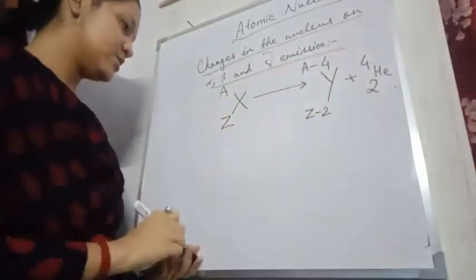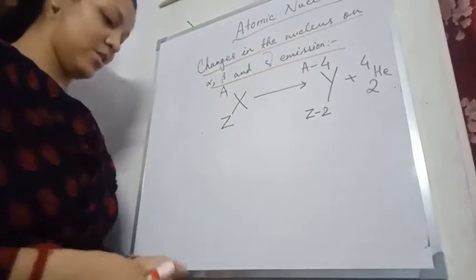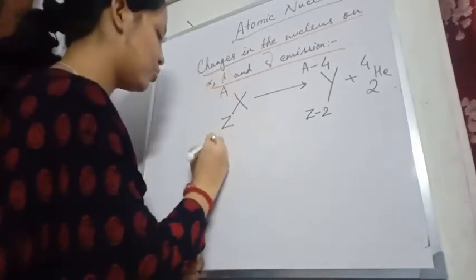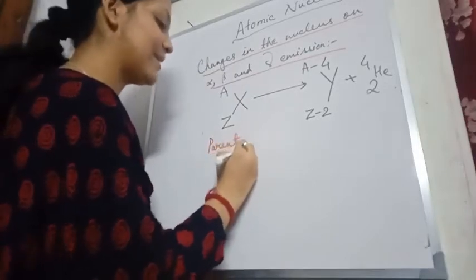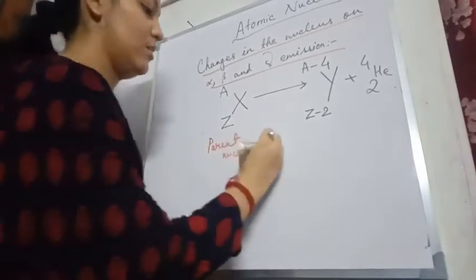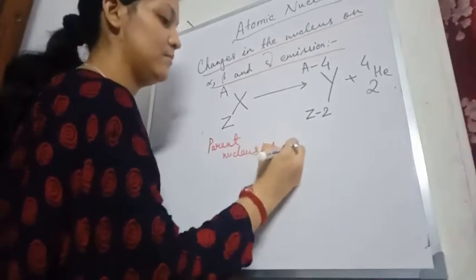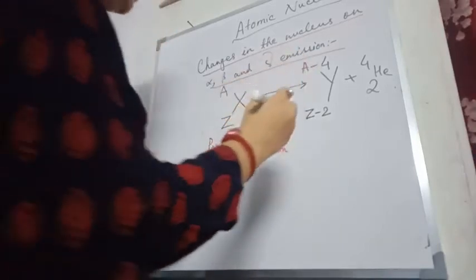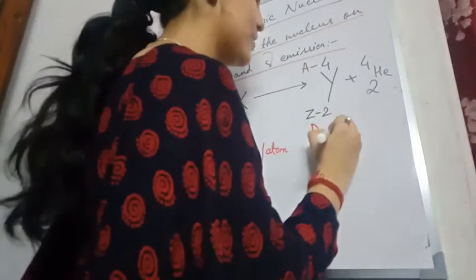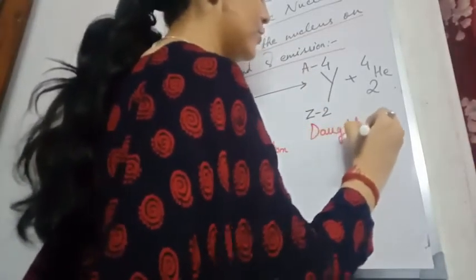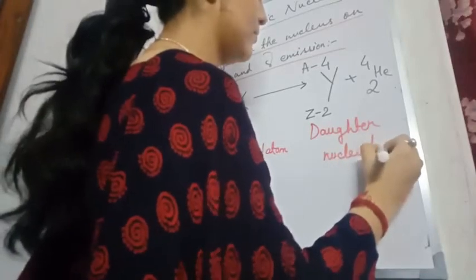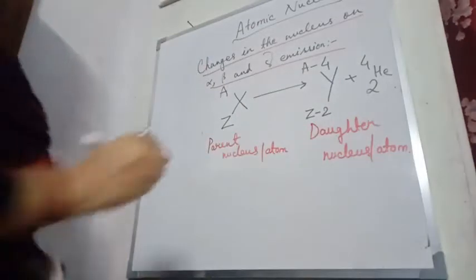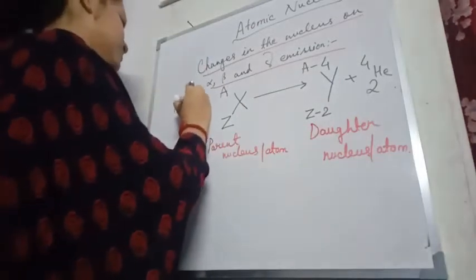Now this one, the initial nucleus, we are going to call it the parent nucleus or the parent atom. And this one, the new one that is formed, we'll call the daughter nucleus or atom. This is the general form.